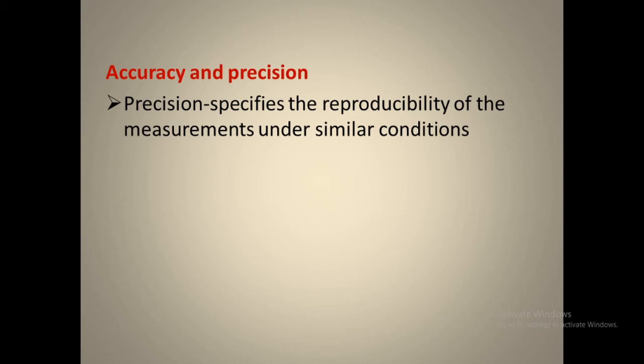In radiotherapy dosimetry, the uncertainty associated with the measurement is often expressed in terms of accuracy and precision. Precision of dosimetry measurement specifies the reproducibility of the measurements under similar conditions and can be estimated from the data obtained in repeated measurements.